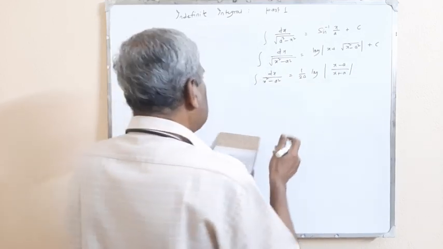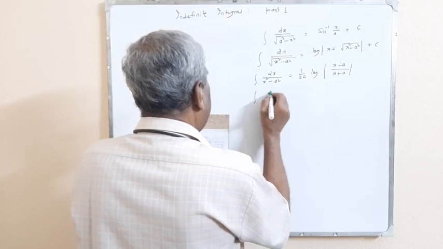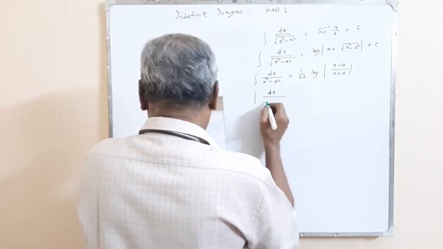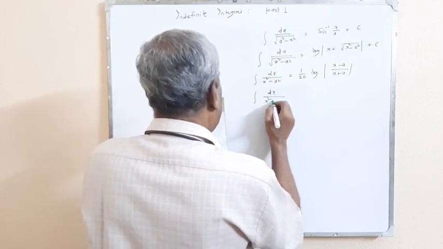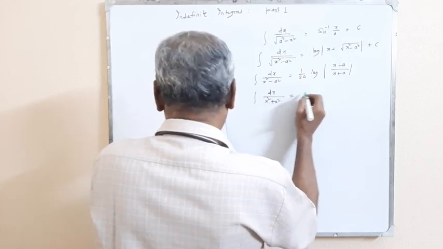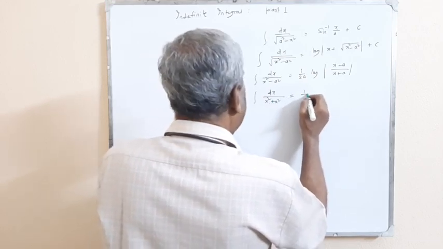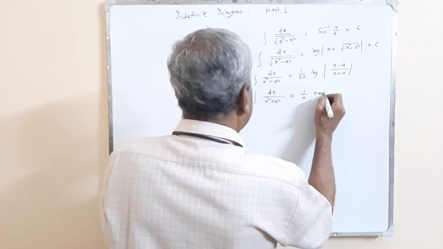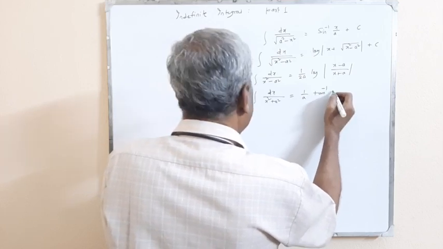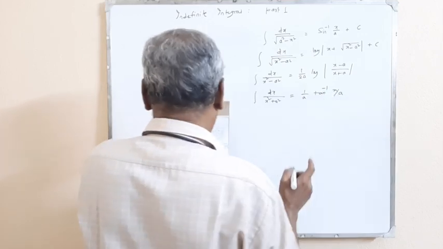The next one is the integral of dx by x square plus a square, which is equal to 1 by a tan inverse x by a plus c.